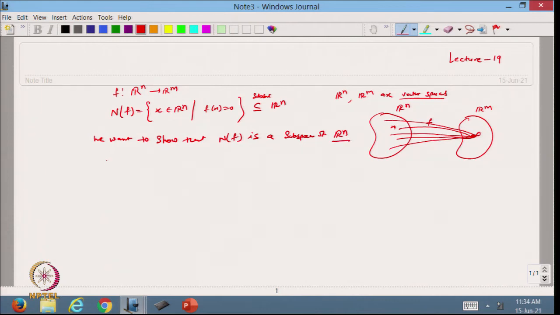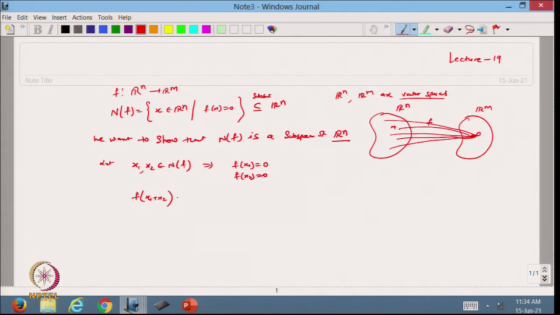Let x1 and x2 belong to the set N(f), which implies that f(x1) is 0 and f(x2) is 0. Now let us see what about x1 plus x2. What about f(x1 plus x2)? Let us check this out.